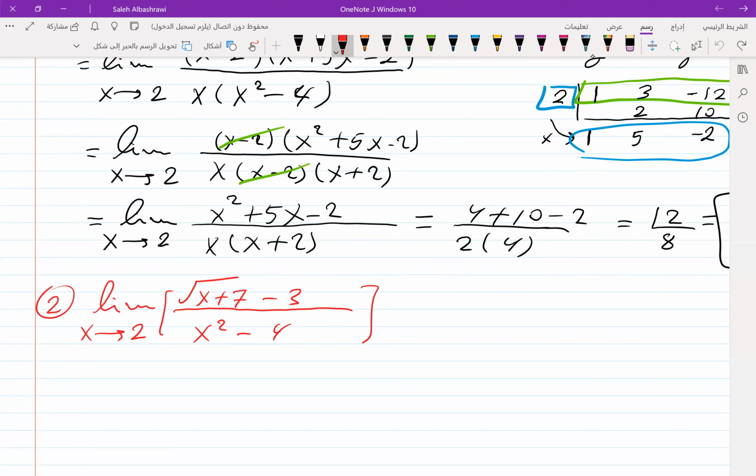For this example, if we substitute x by 2, I will have square root of 2 plus 7 minus 3 divided by 2 to power 2 minus 4. This will give me 0 over 0, which means I have to simplify it.